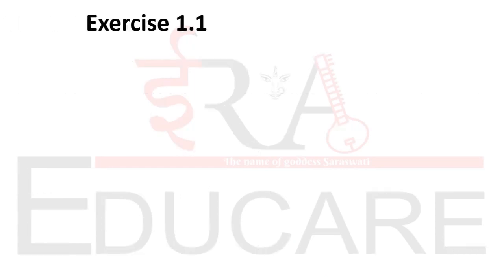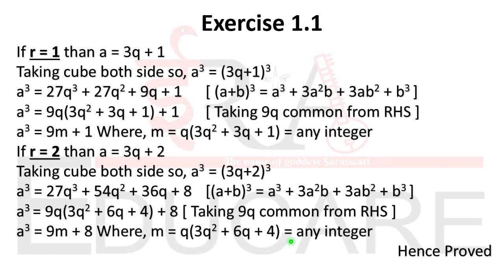Likewise, taking r is equal to 1, then a is equal to 3q plus 1. Taking cube both the sides, a raised to 3 is equal to 3q plus 1 whole cube. A cube is equal to 27q cube plus 27q square plus 9q plus 1, by using this property: a plus b whole cube is equal to a cube plus 3a square b plus 3ab square plus b cube.